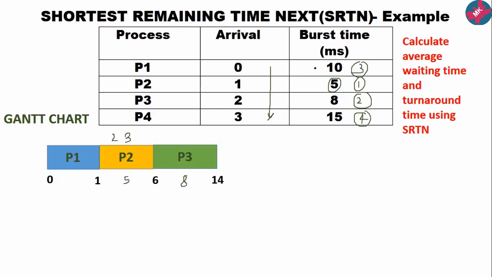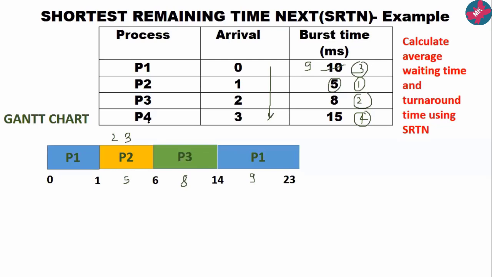Next, if you observe, only 2 jobs are remaining, P1 and P4. Earlier, this P1 was executed for 1 millisecond. So how much time is remaining? 9. 9 and 15. So which is smaller? P1. So after P3, once again P1 will be executed for 9 milliseconds, and it will terminate at 23 milliseconds.